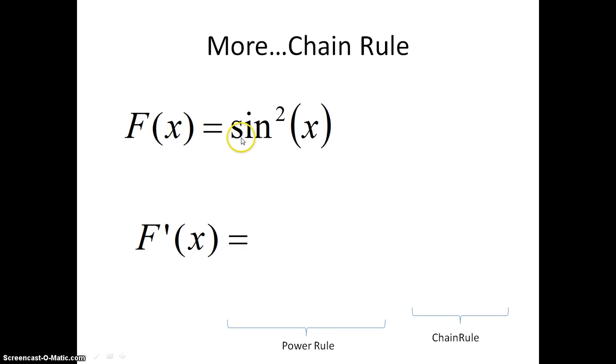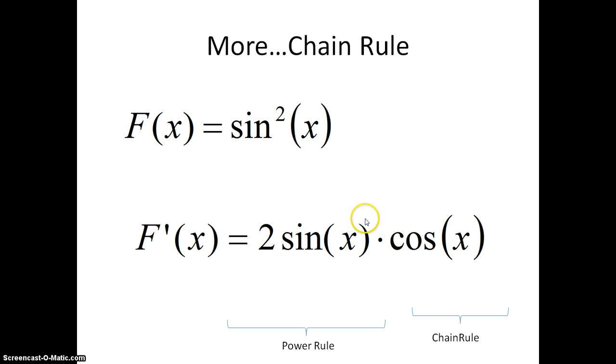What if the original function is sine squared of x, which means we have sine of x times itself? Then we use the power rule first, bring down the 2, multiply times sine, drop the exponent to 1, but we still have to multiply by the derivative of the base. If you think about it, the base was sine, so its derivative is cosine.